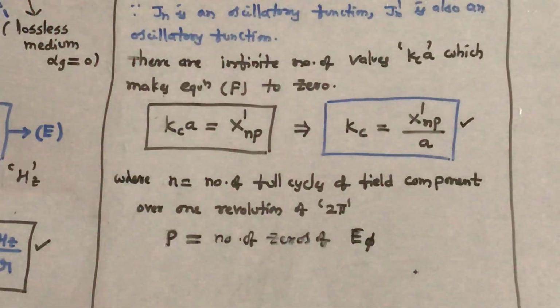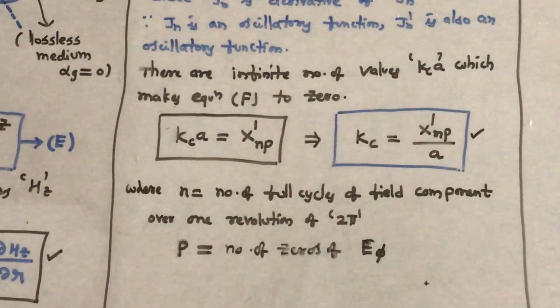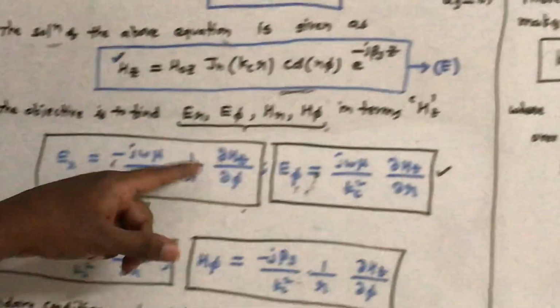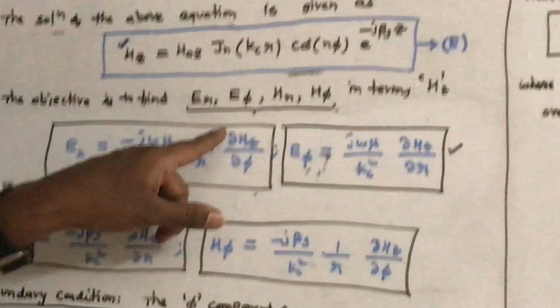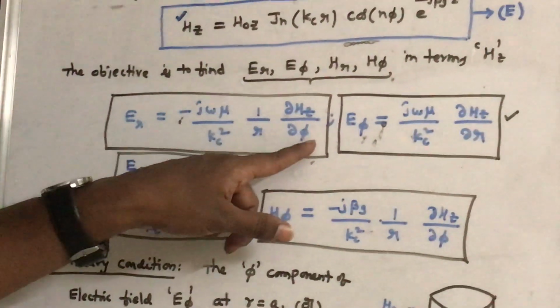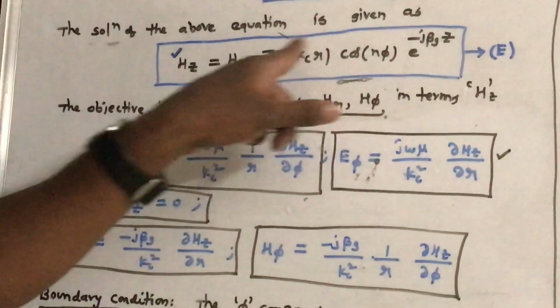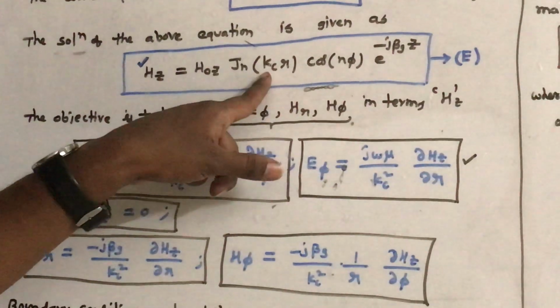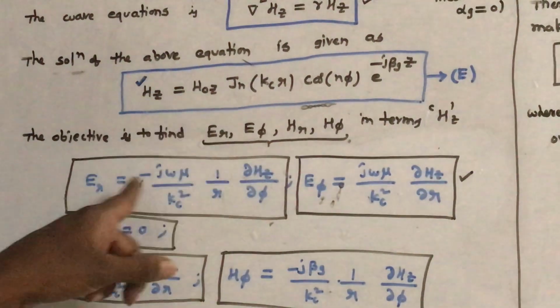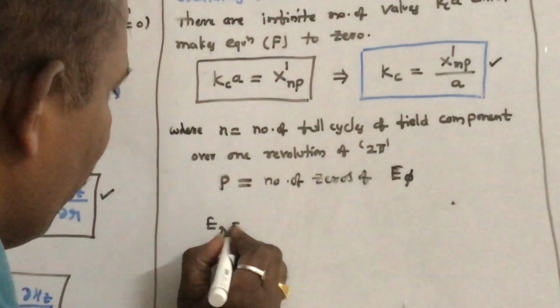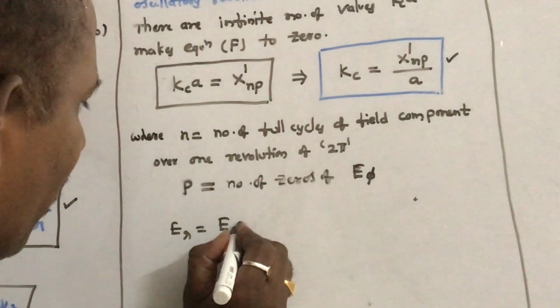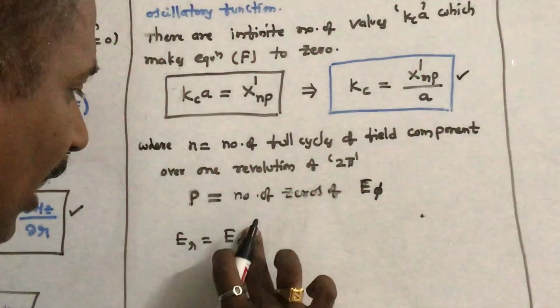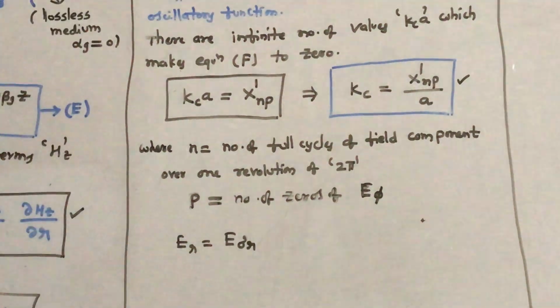Now let us find out ER, which is the differentiation of Hz with respect to phi. So we differentiate this equation with respect to phi, and substitute Kc is equal to x dash np by A in this equation. So we write ER as, check carefully, amplitude E0R.